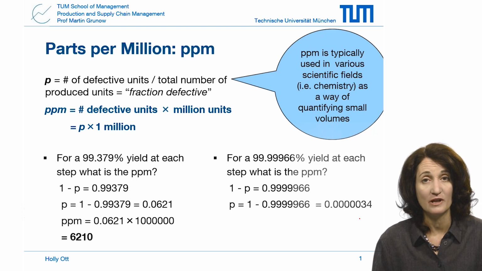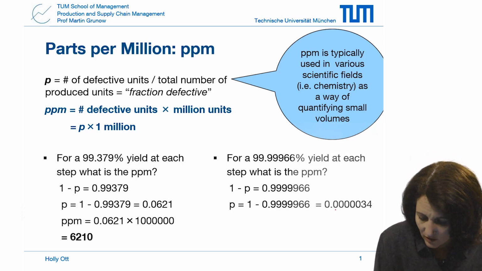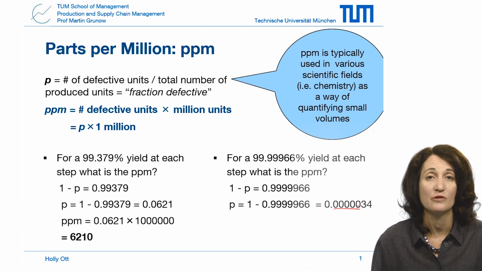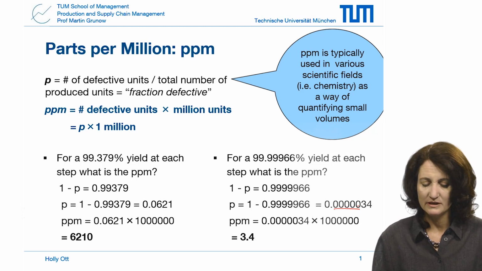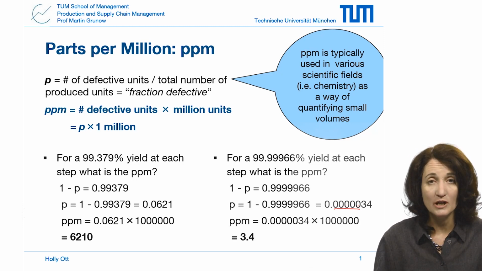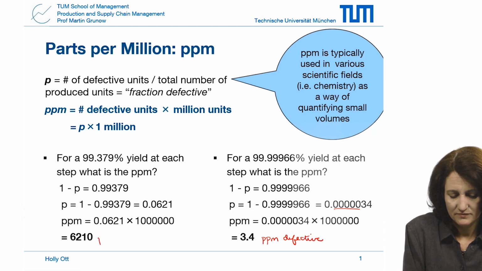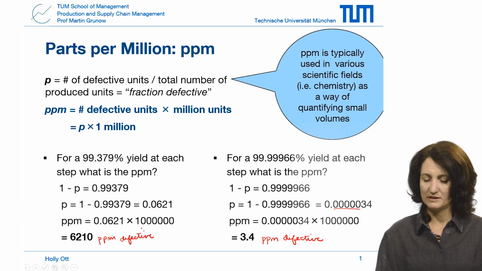P is going to be equal then to 1 minus that, and here we have 5 zeros, 0.00000034. Parts per million then is going to be 3.4 parts per million defective. So closely related, of course.